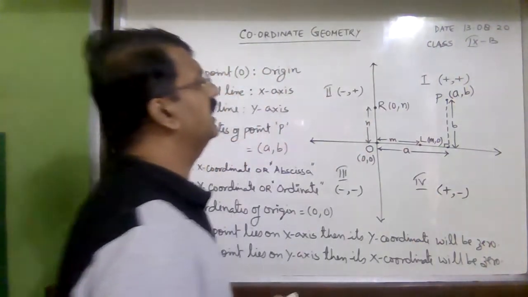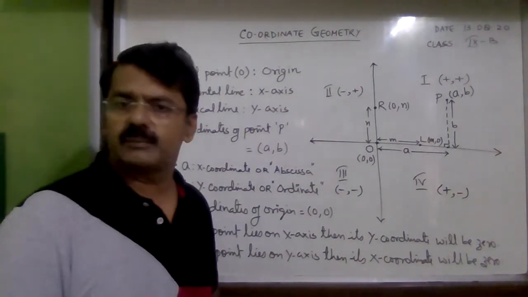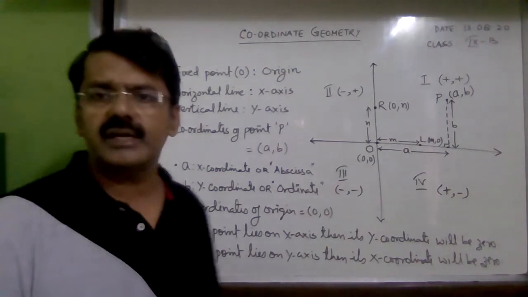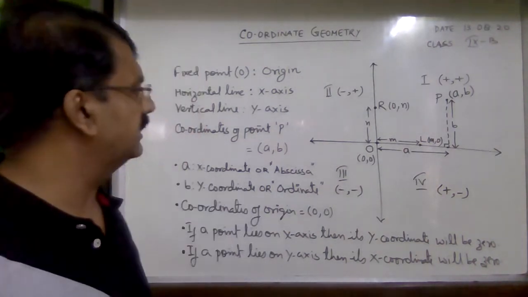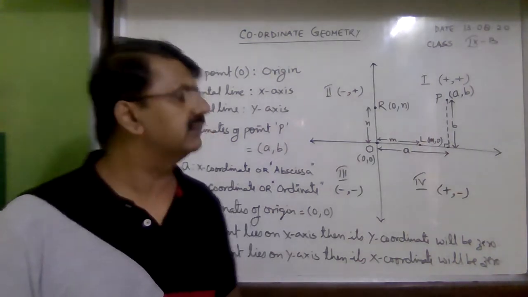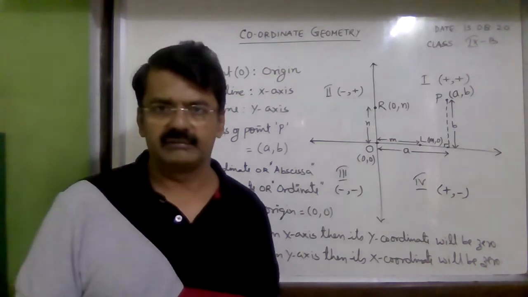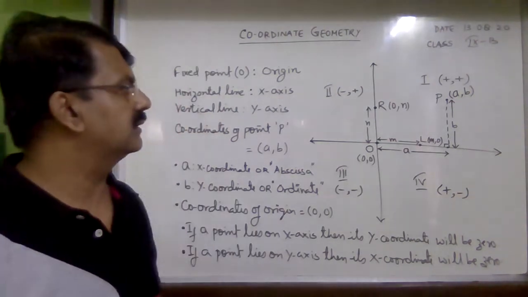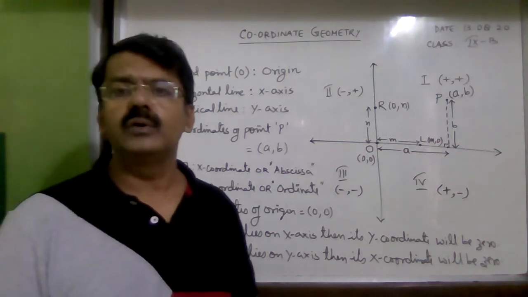So always remember, in first quadrant both x and y coordinates positive, in second quadrant x coordinate negative, y coordinate positive, third quadrant x and y both negative, fourth quadrant x positive but y negative. Clear? So these are basic terminology of coordinate geometry, and we'll do few questions now.